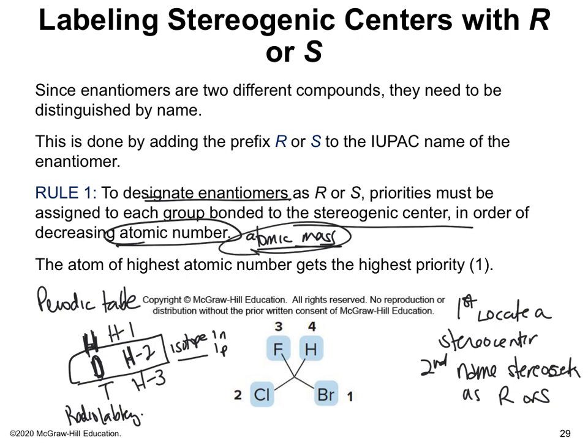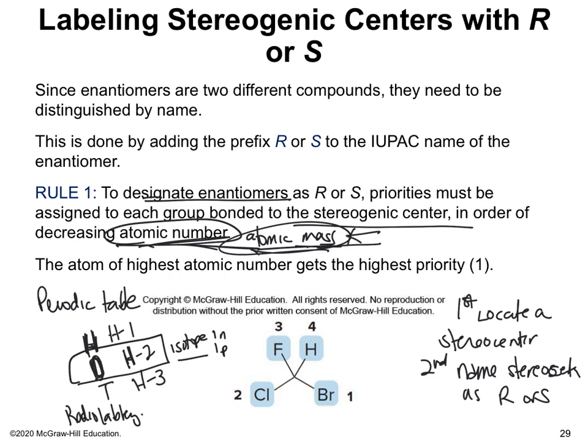But that's where atomic mass is actually better. So I'm kind of shocked that the scientists who decide this switched to atomic number, because in this case deuterium D would have a higher priority. Either way, but if you hear me saying atomic mass, it's because I'm old school.